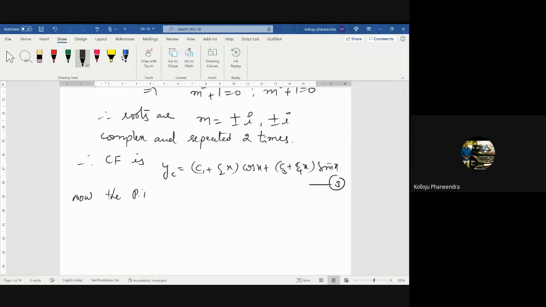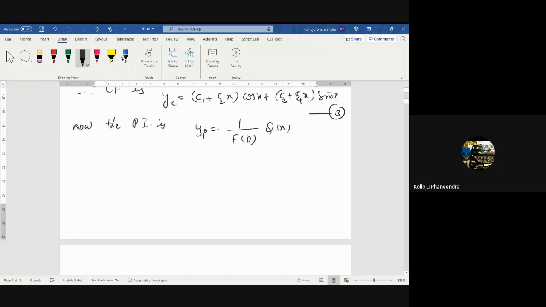Now, the particular integral is yp = 1/f(D) Q(x). That is 1/(D^4 + 2D^2 + 1) times x^2 cos x.